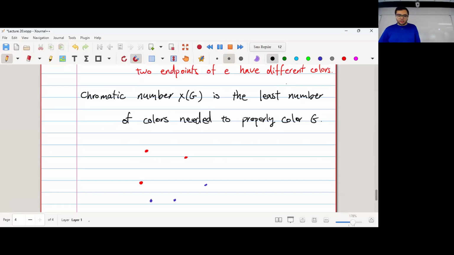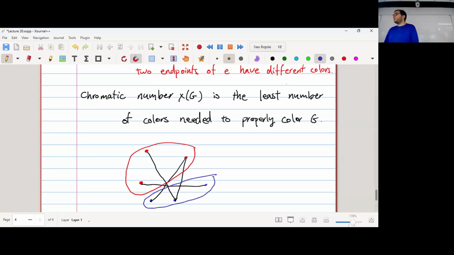So all of my edges go from red to blue. I can think of the red vertices as one part and the blue vertices as the other part, and this is a bipartite graph. So bipartite and two colorable are basically the same.